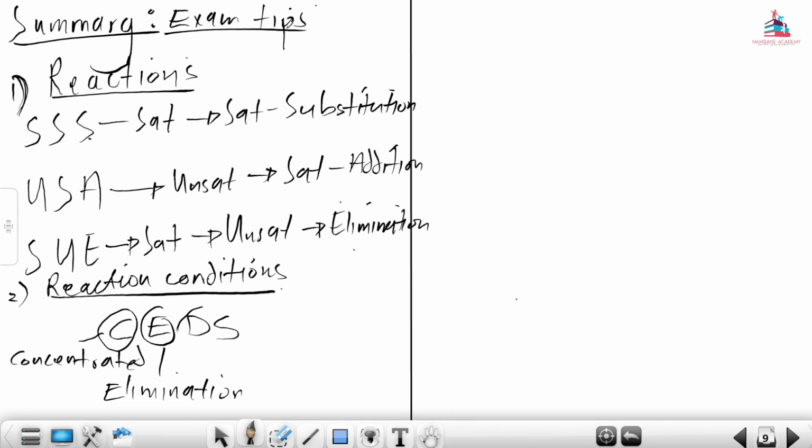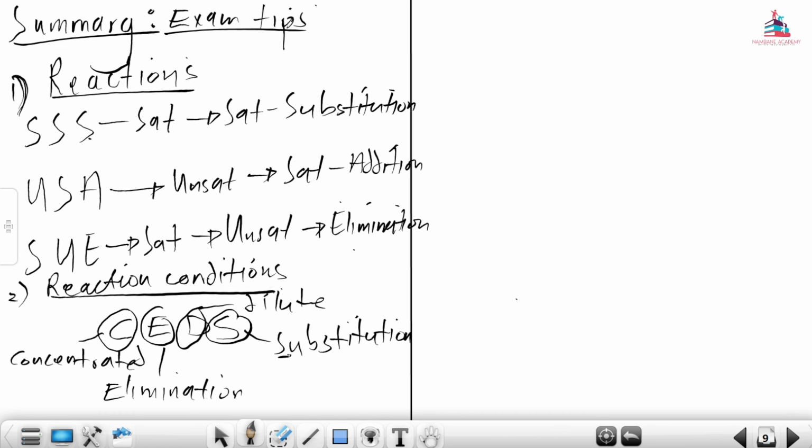If I am told that dilute strong base was used, then that reaction must be substitution. So already I will not have a problem if I am given a condition of concentrated strong base or dilute strong base. Already, if it's dilute, that reaction must be substitution.